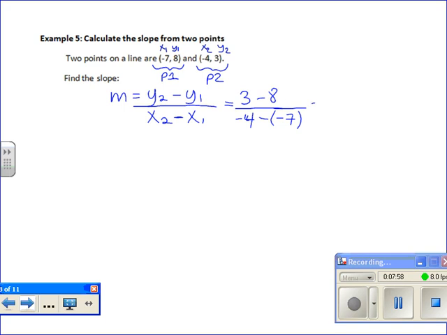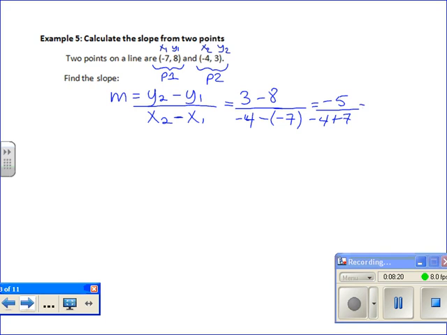And what we get here is, on the top I have 3 minus 8. 3 minus 8 is negative 5. And on the bottom I have negative 4. Look what happens on the bottom. A negative subtract a negative is a positive. So negative 4 plus 7.